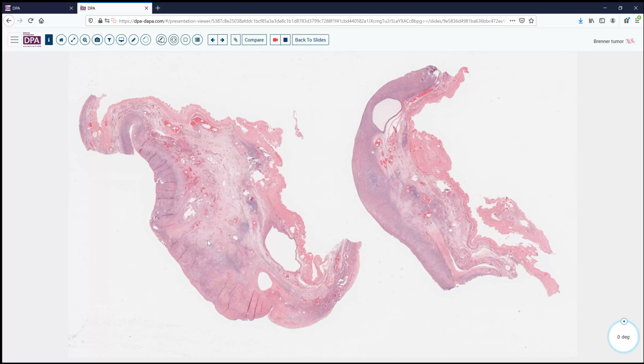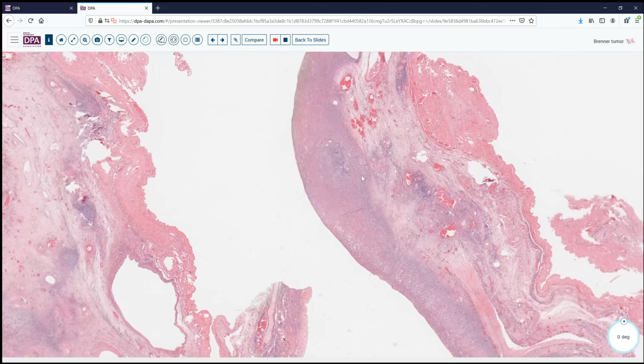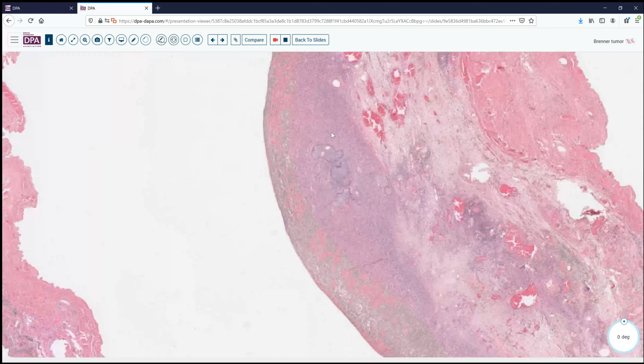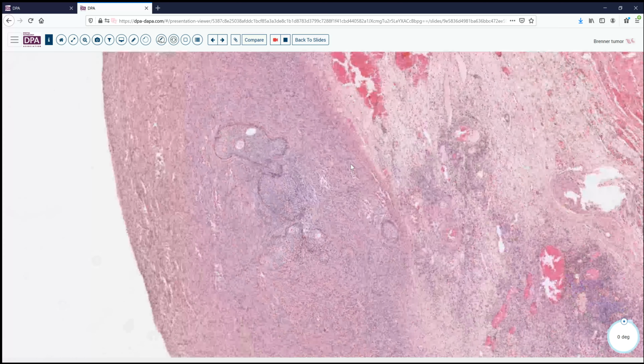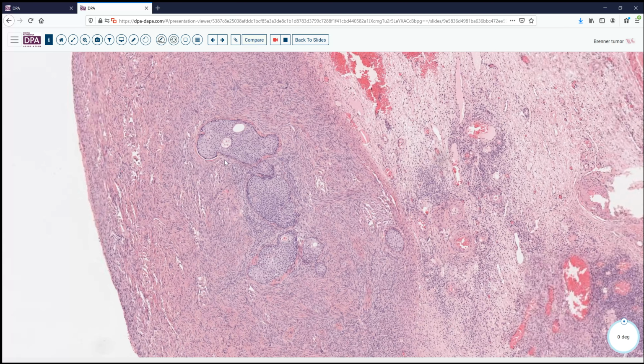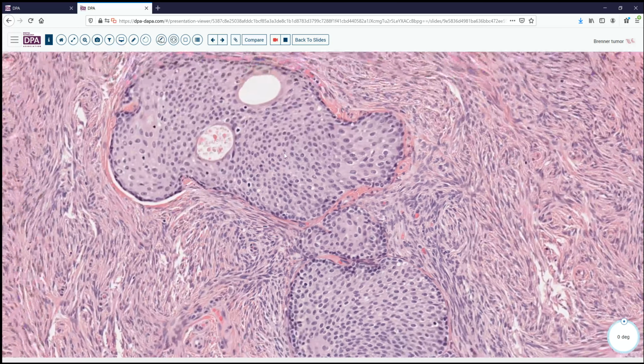Oftentimes, these are just incidentally discovered, like this example right here. It's pretty tiny, just a slight thickening of the cortex, but you can see that we have kind of a clown-like appearance here, with a couple of eyeballs staring back at us from behind a ski mask. This is a characteristic transitional type of epithelium.